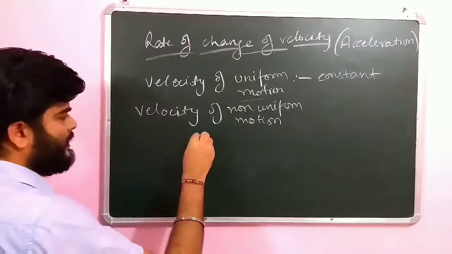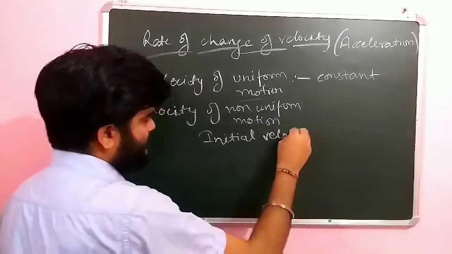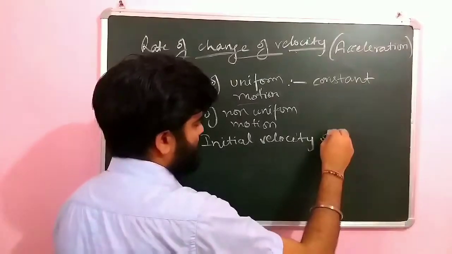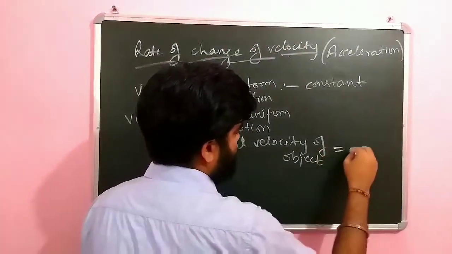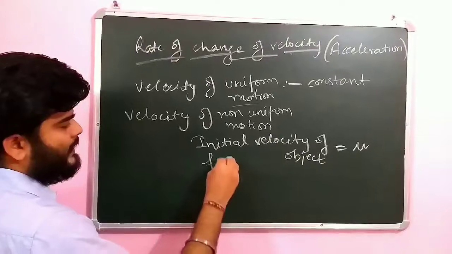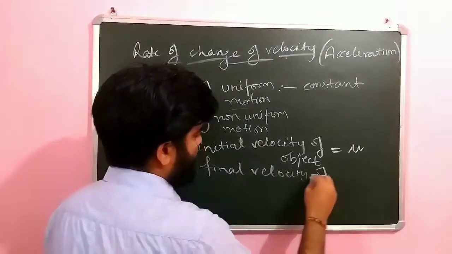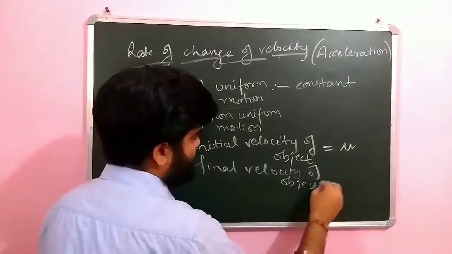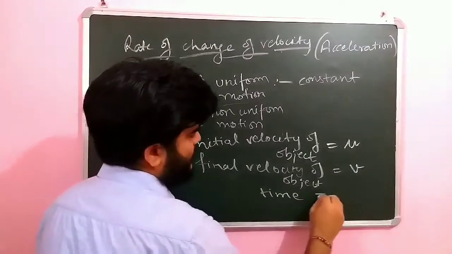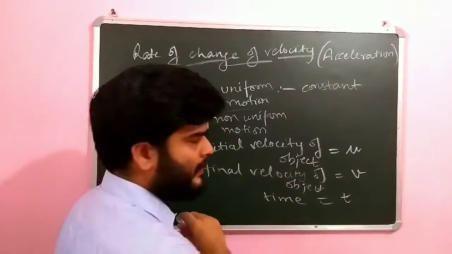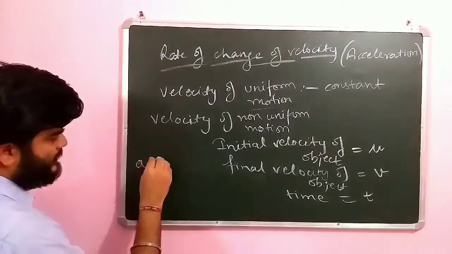Let's say the initial velocity of an object is u and the final velocity of the object becomes v in time t. So acceleration is the rate of change of velocity.